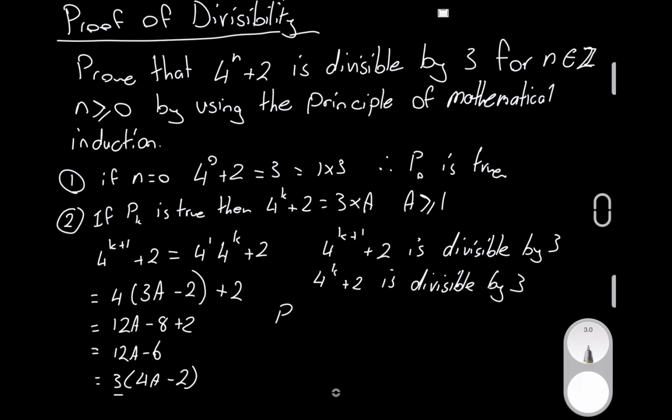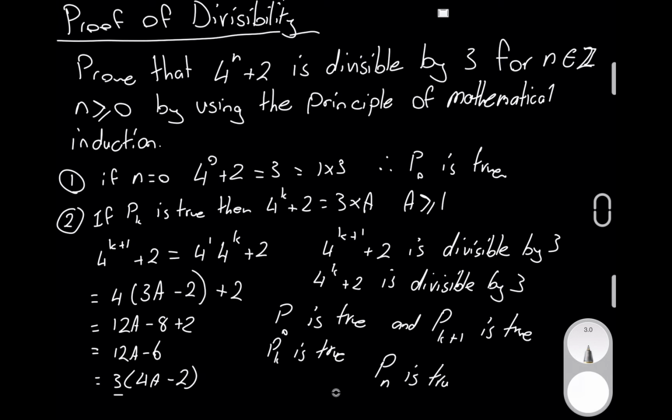So since our first proposition is true, and what we found for our proposition of k plus 1 is true whenever our proposition of k is true, that means that our proposition of n is true for all values of n being an integer greater than or equal to 0, where n is greater than or equal to 0.